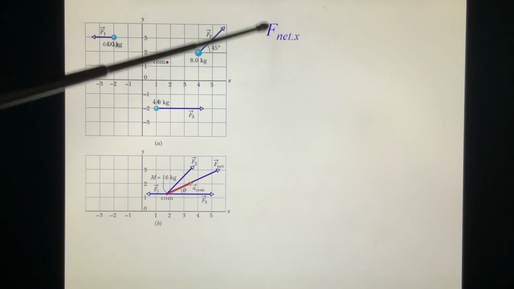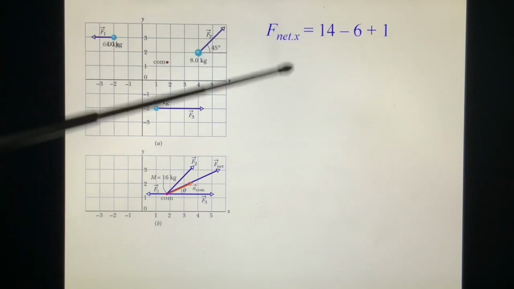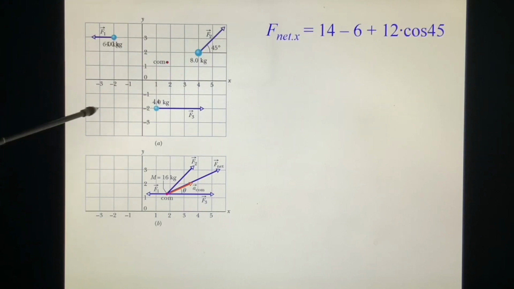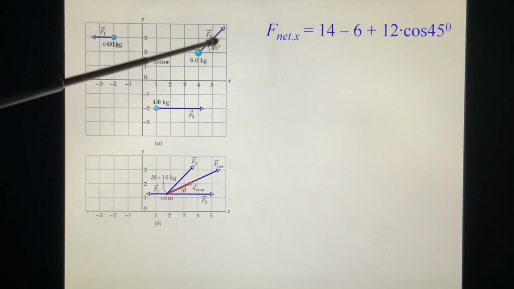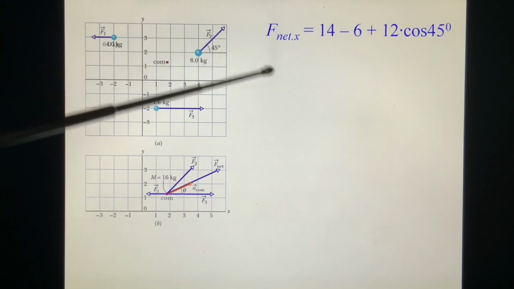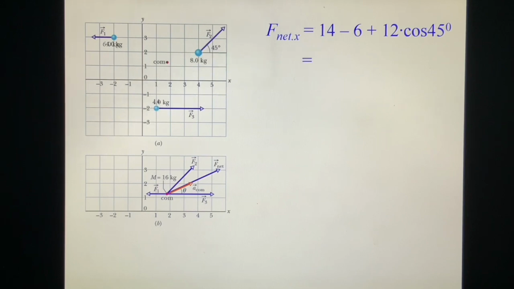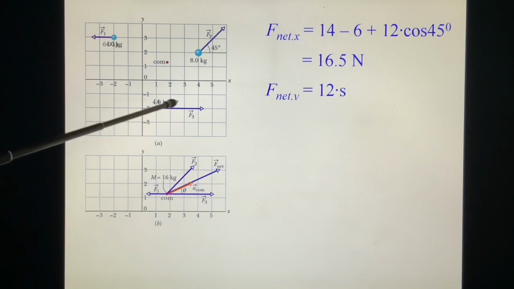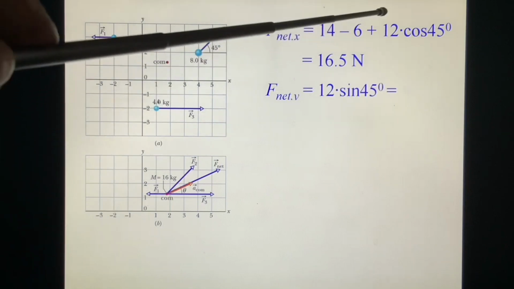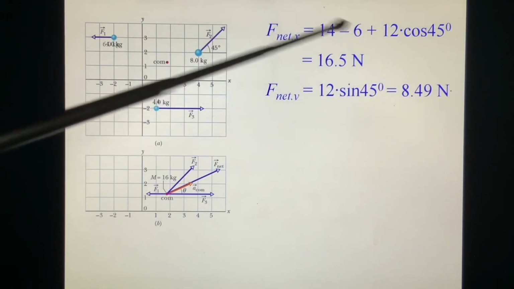The net force x component is the sum of the three components along x: 14, minus 6, and 12 cosine 45, positive. And the net force along y: the other two don't have any y component, only 12 sine 45.